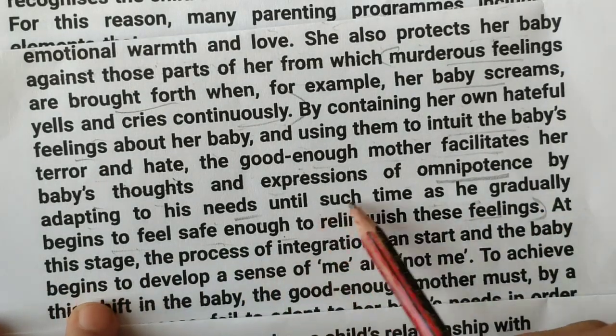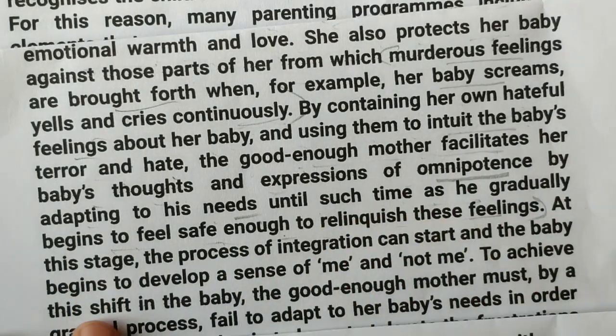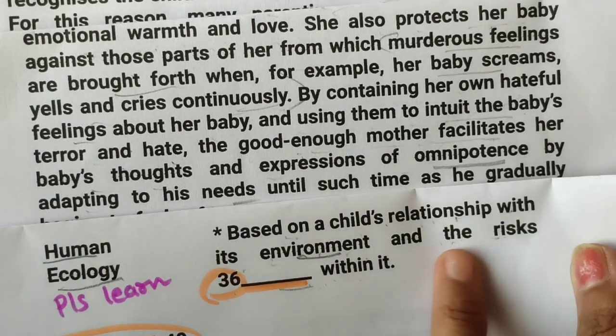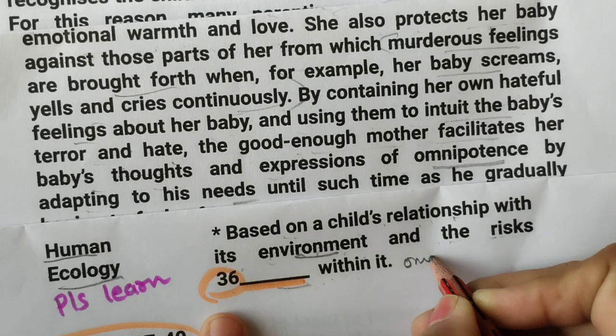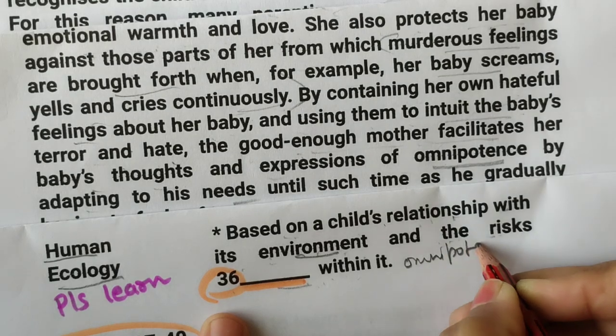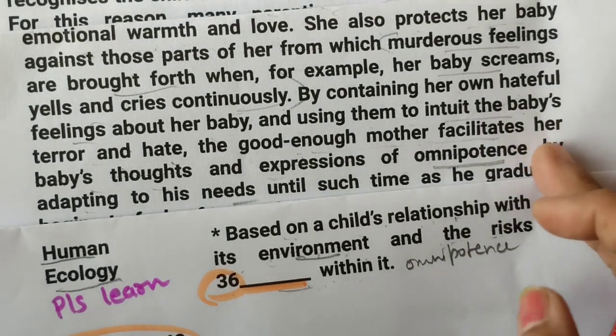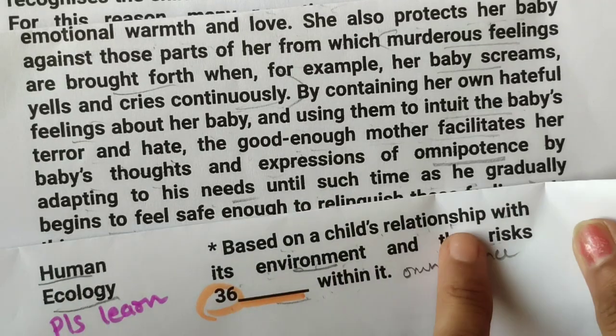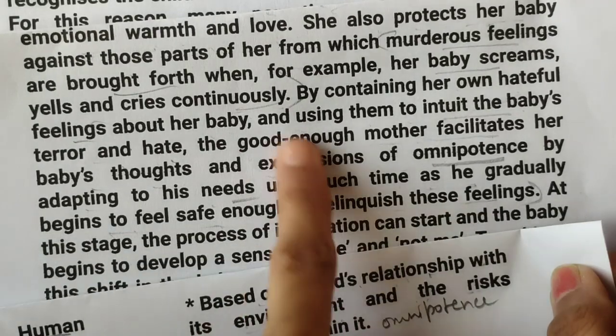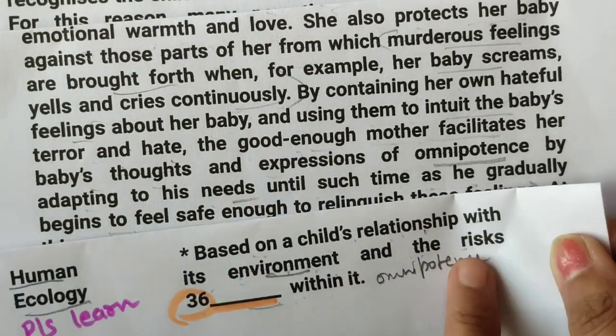I think they are indirectly talking about these things, and the risk, omnipotent, within it. I think the word omnipotent will come here because of this omnipotence, with its environment and risk. So overall they are talking about this environment and risk also.